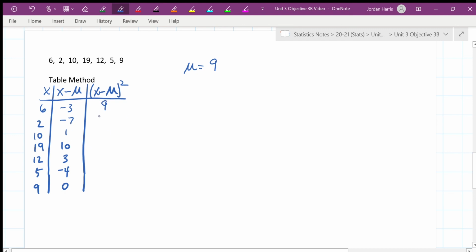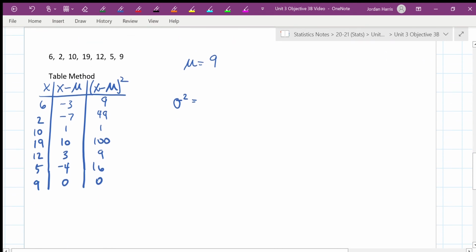So now I square each one. Okay. Then my variance, once again, it asks for standard deviation, but we have to find the variance first. It's population, so I use sigma squared, is the sum of all of these numbers divided by how many there are. 1, 2, 3, 7.